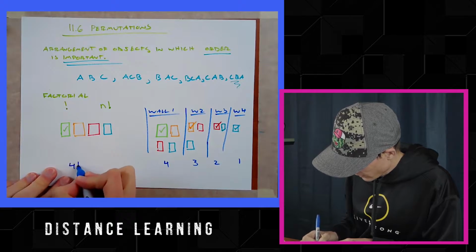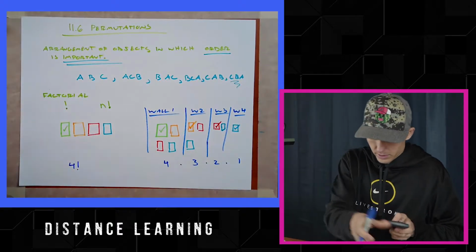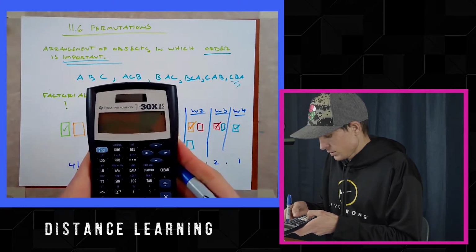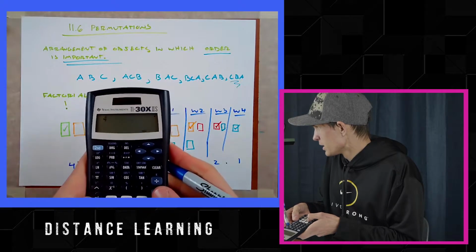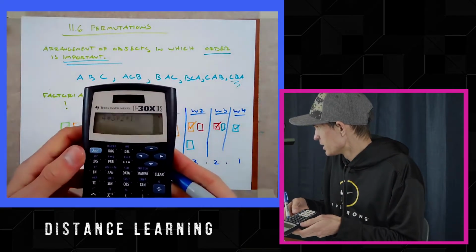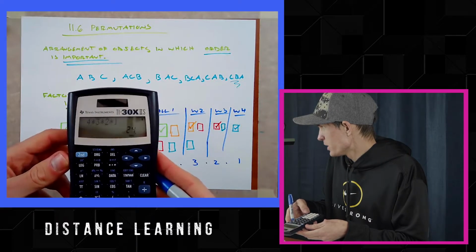So this would be 4 factorial, which means 4 times 3 times 2 times 1, which is 24.